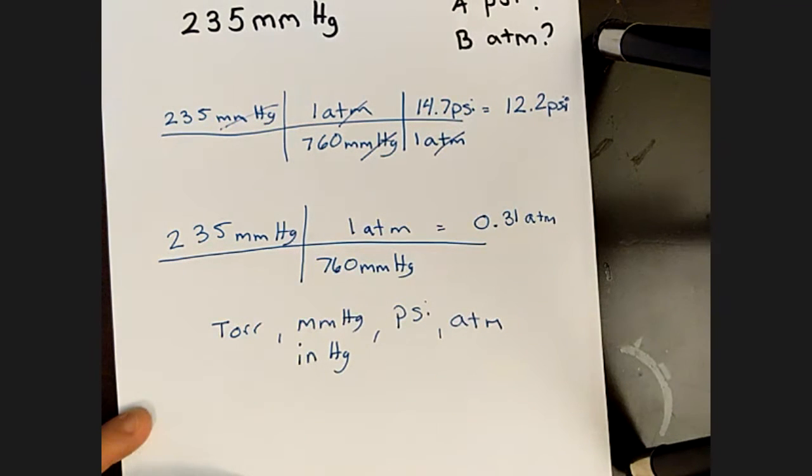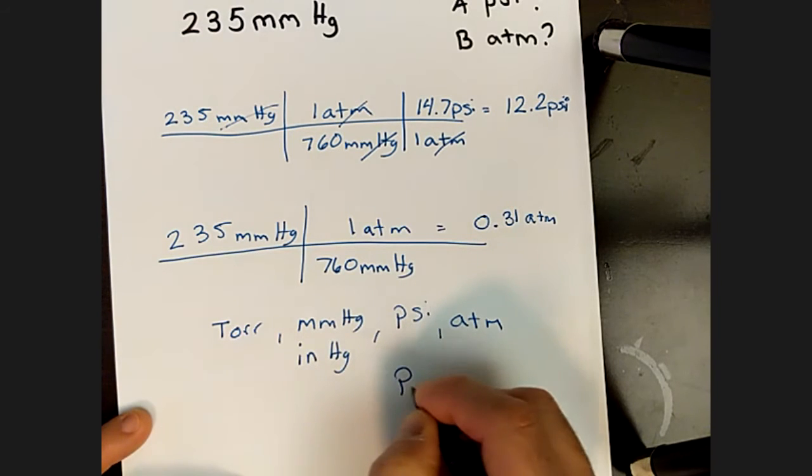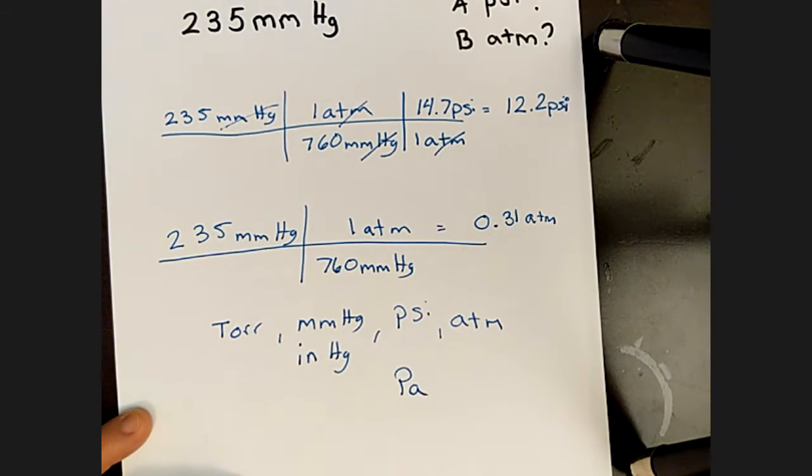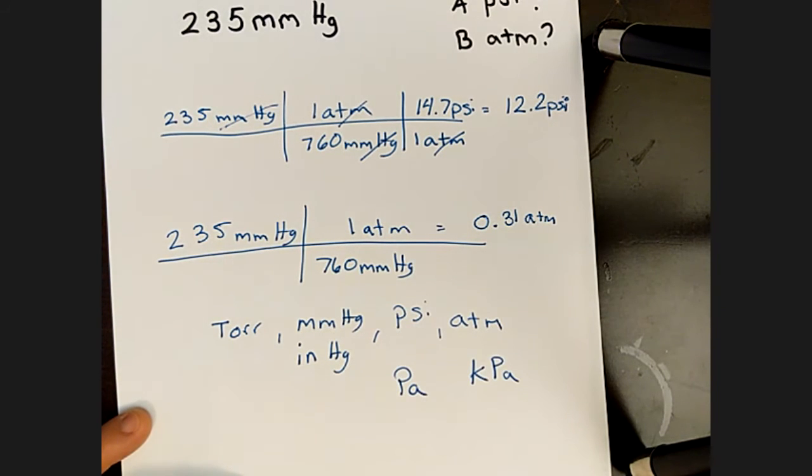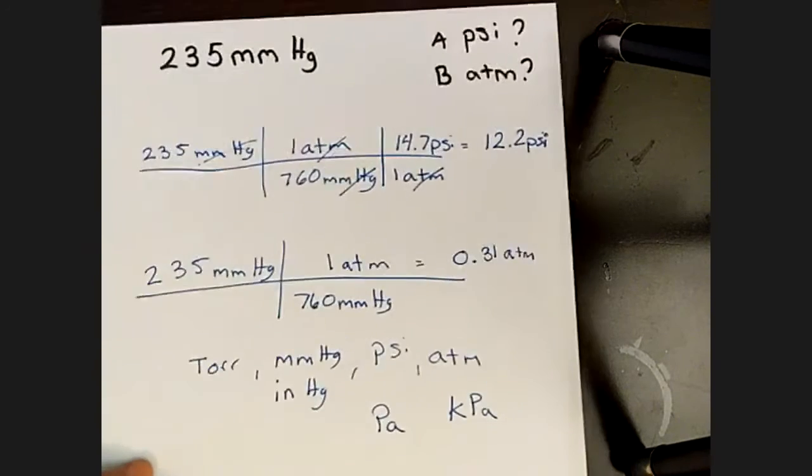Depending on how much more complicated they are, there's some things like a bar that's another unit that you may see, but also you have the Pascal and the kilopascal. So in general chemistry, you should be able to convert between these at least basic units from one to another.